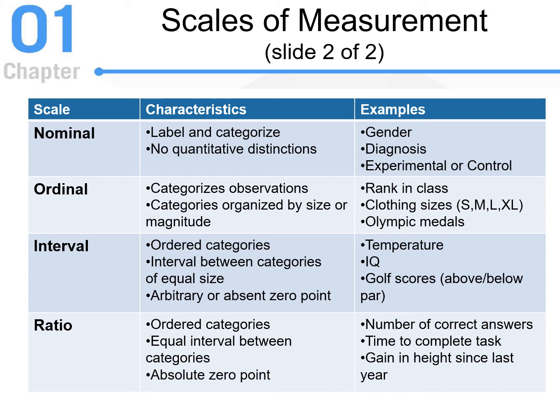But maybe you did know something, I just didn't ask it. So that 0 doesn't mean a complete absence of the construct. So that 0 on the test doesn't mean you know nothing about stats. It just means you performed very, very poorly. You probably didn't know much at all, but it doesn't mean that you knew absolutely nothing.